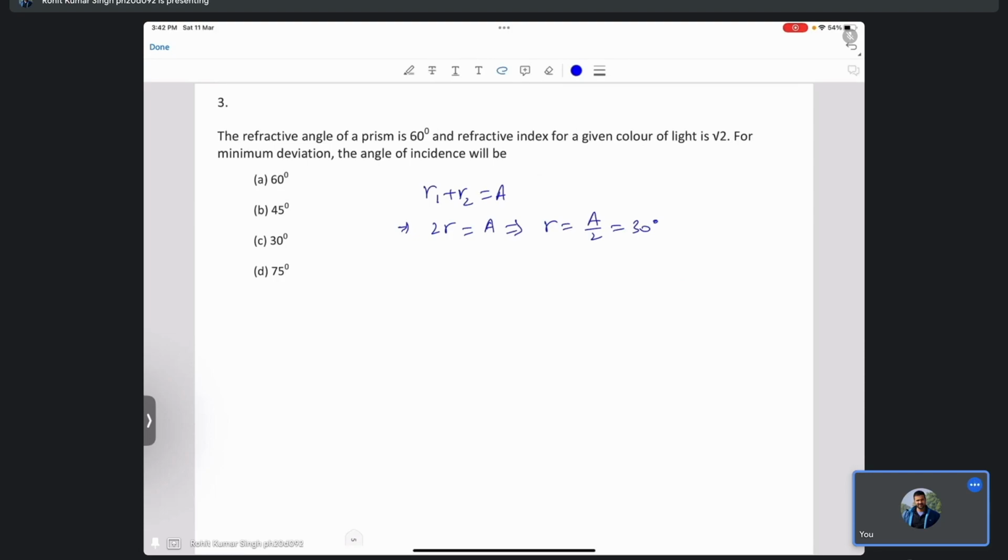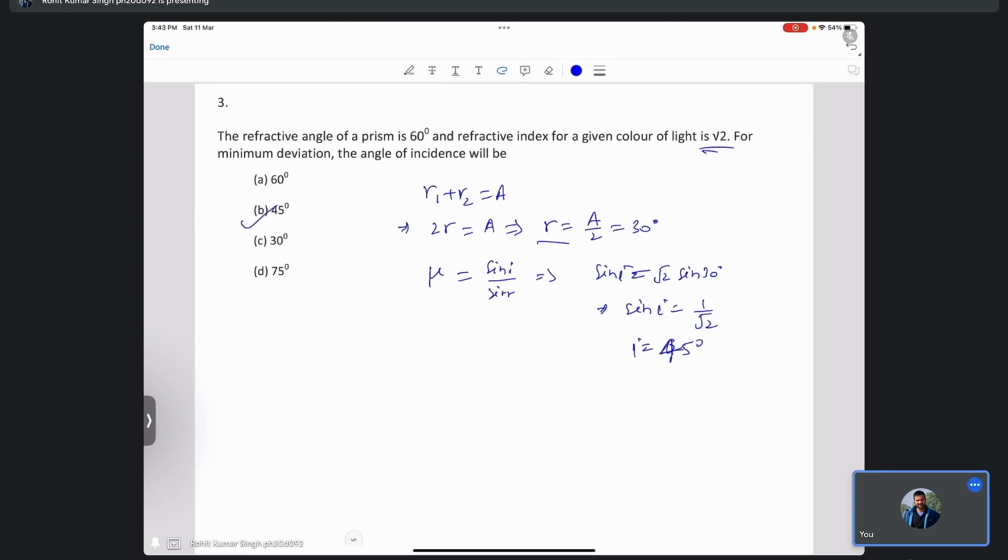And then we need to find the angle of incidence. So we have R, so we can use this Snell's law because we have given the refractive index. So mu equals sine I by sine R, okay, sine I equal to mu, under root 2, into sine 30 degree, and sine 30 is 1 by 2, so sine I is 1 by root 2, so angle of incidence is 45.